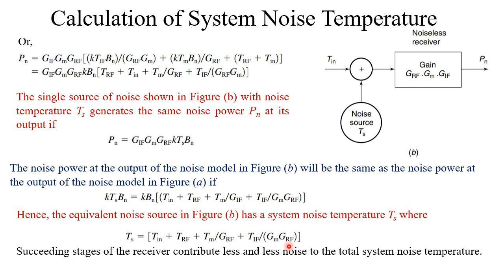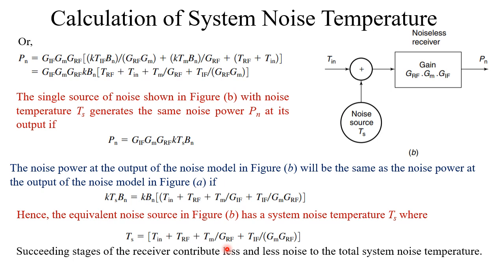Get it? So what we saw is that the first stage plays the most important role in noise contribution. Because TRF is there. So we have to keep the noise contribution of the first stage as low as possible. At the same time, this GRF, that is the gain of the first stage, must be as high as possible.